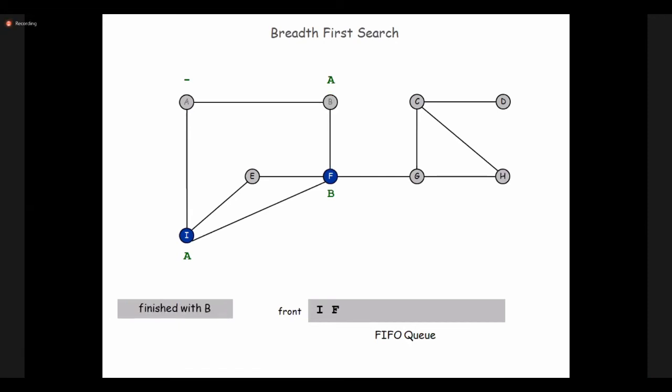B, F. Then I am deleting I from the queue. What are the adjacent vertices for I? E, F and A. F and A are already visited, only E is left over. So E only.